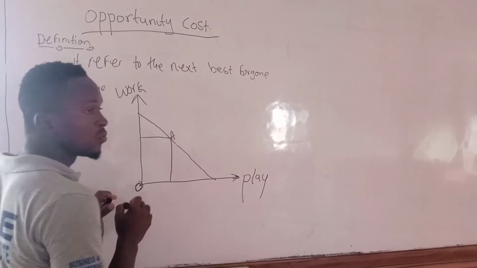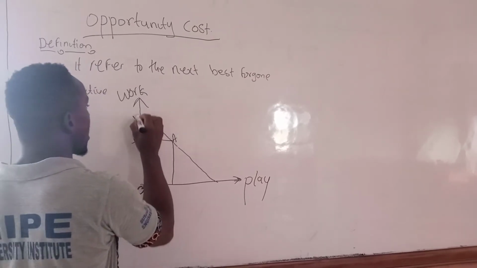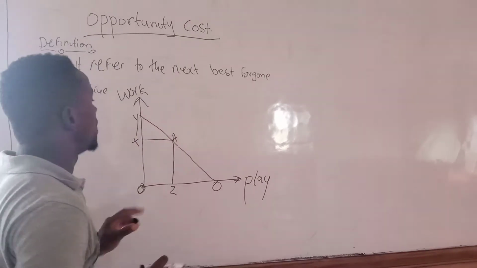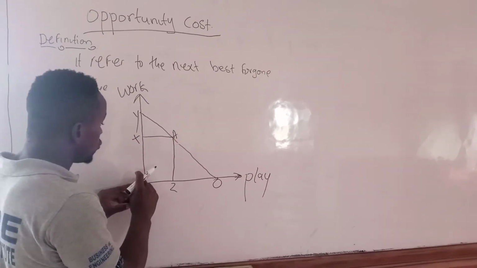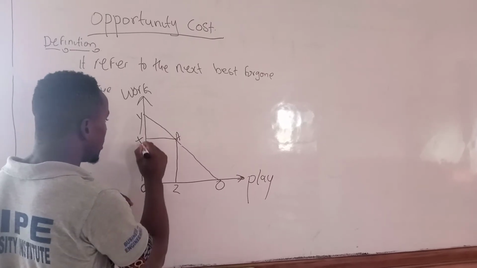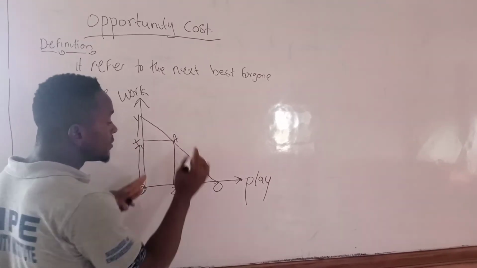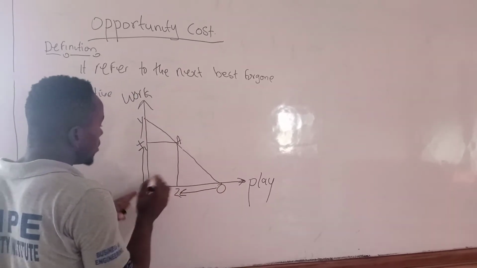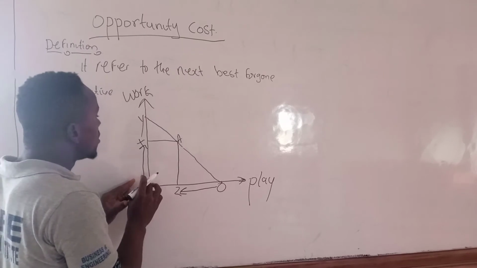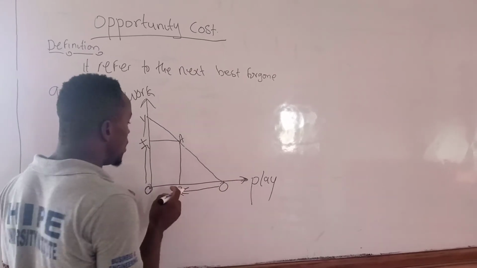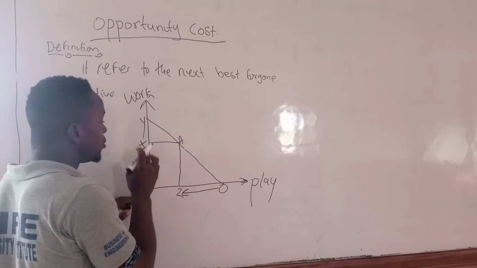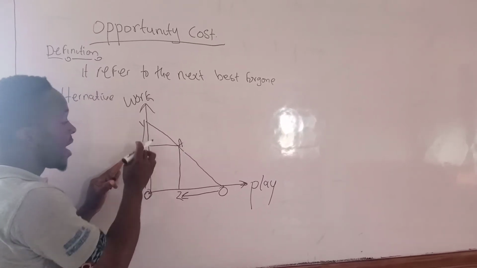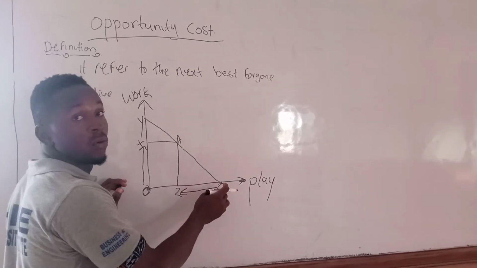Let's say here we call it X, Y, and here we call it, let's say, Z, O. Now, if this student decides to do this number of play, you see that this student is going to give up this number of play for this number of work. That is, the student has forgone this number of play and increased this for work. That is, he did work on this from OX and he forgoes from ZO.